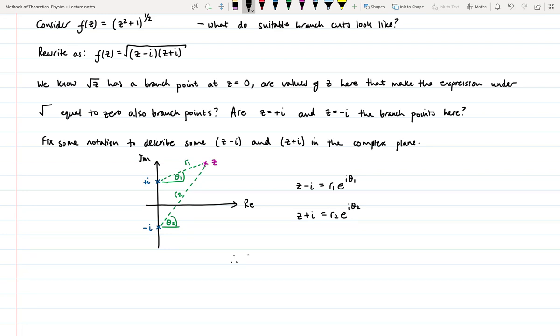We can substitute these into our expression for our complex function. This now becomes the square root of R1 times R2, and then we have e to the i θ1 over 2 times e to the i θ2 over 2. And we can combine those arguments together to give us e to the i (θ1 plus θ2) over 2.